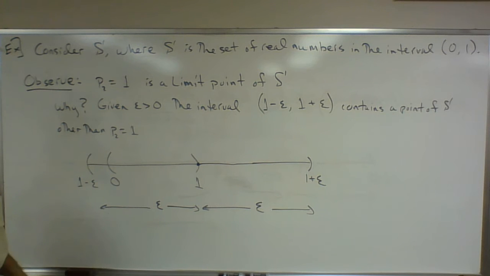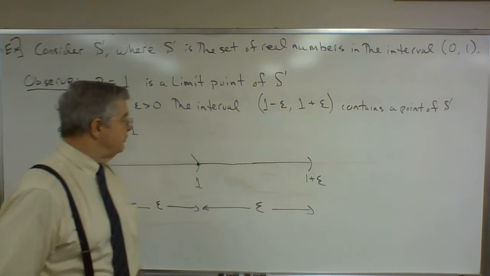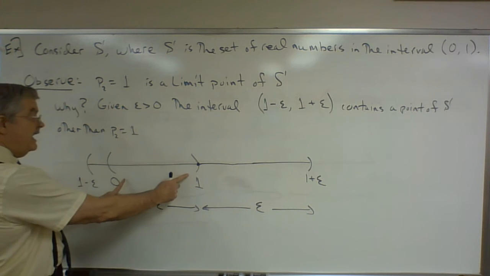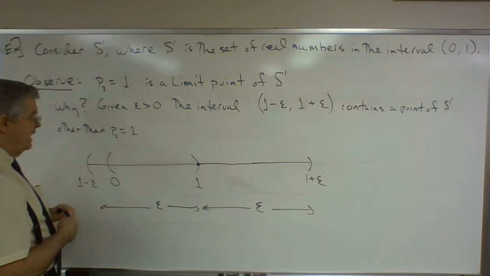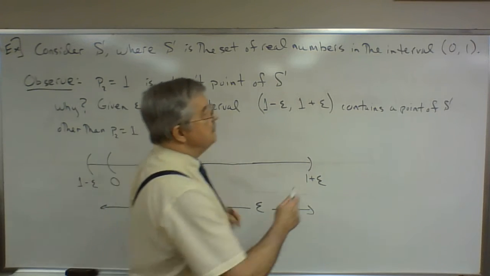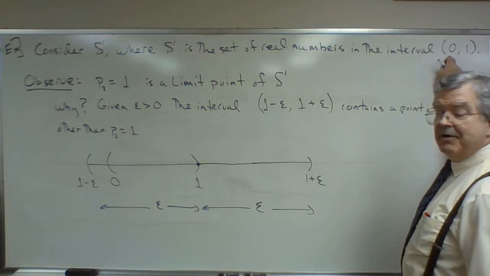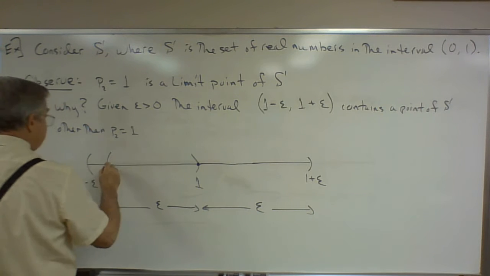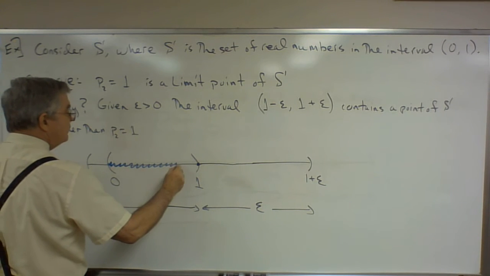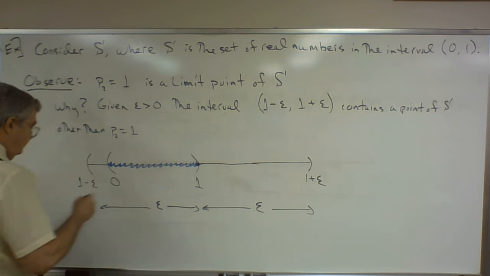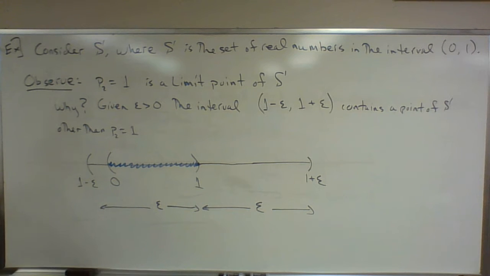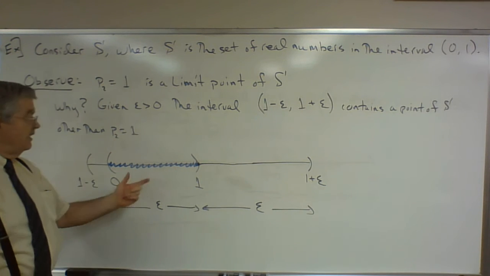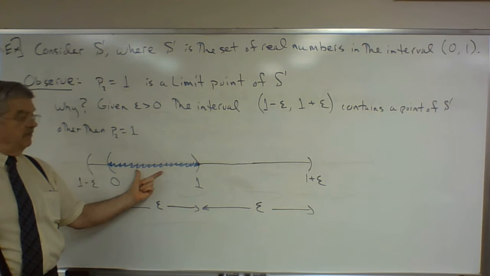For a really big value of epsilon, the interval 1 minus epsilon, 1 plus epsilon actually contains the entire set S. Remember, S is the set of real numbers from 0 to 1. So here's our entire set of real numbers. This is S, the entire set S right here. And the interval 1 minus epsilon, 1 plus epsilon contains this whole interval.